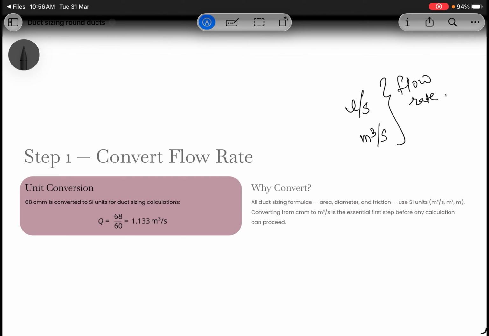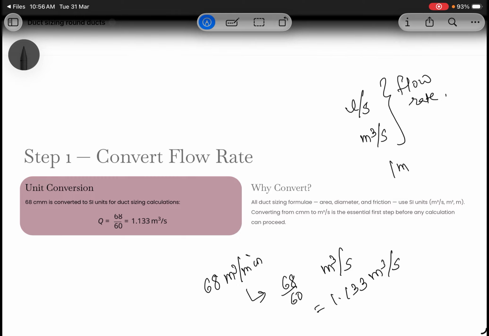In this case, what I have done is converted the 68 cubic meter per minute into cubic meter per second by dividing it by 60. That comes to 1.133 meter cube per second, and you know that 1 meter cube is 1000 liters. So this is 1133 liters per second.